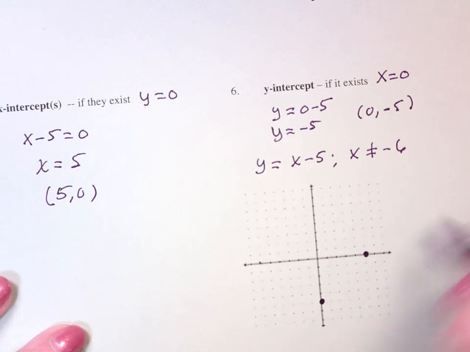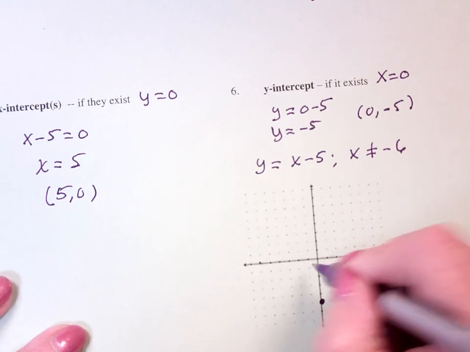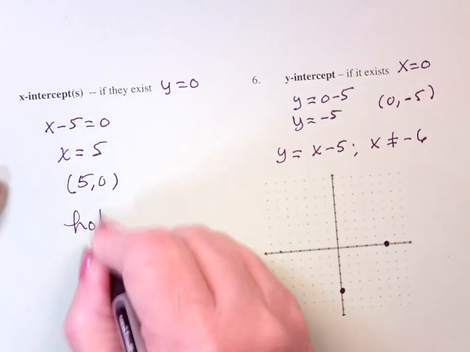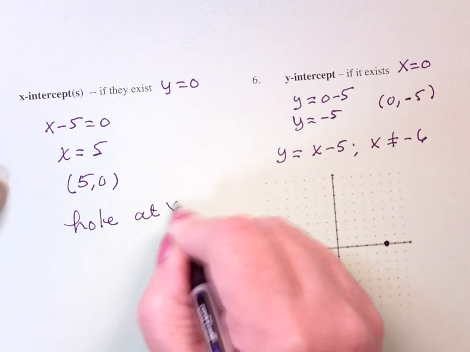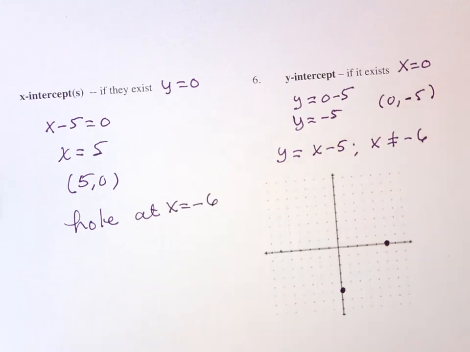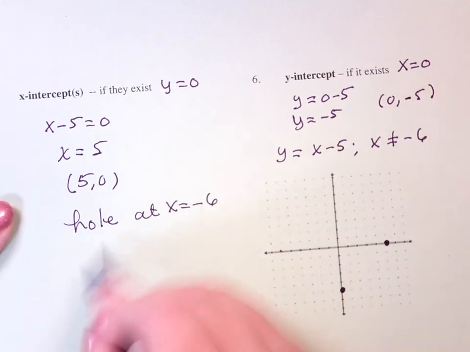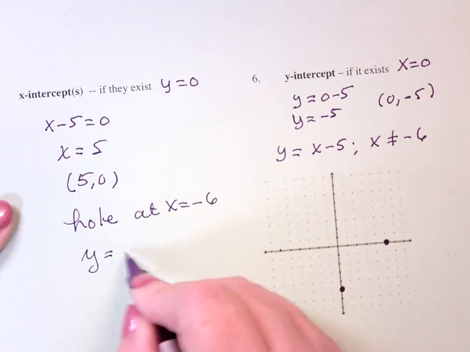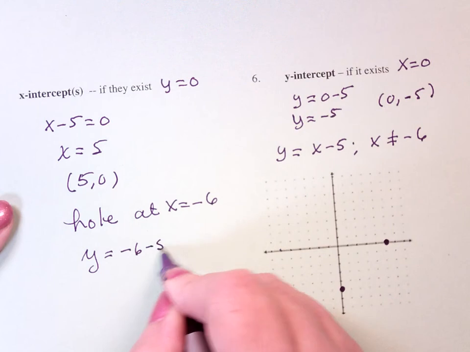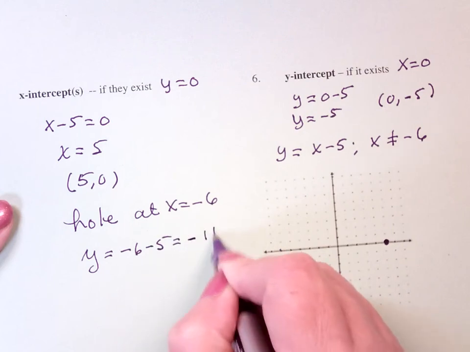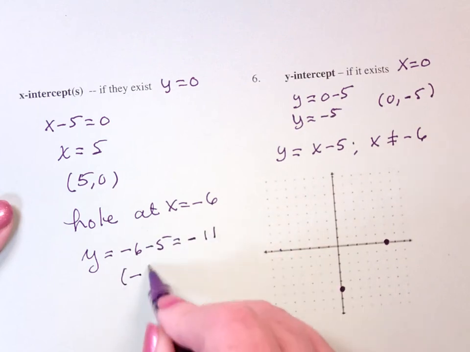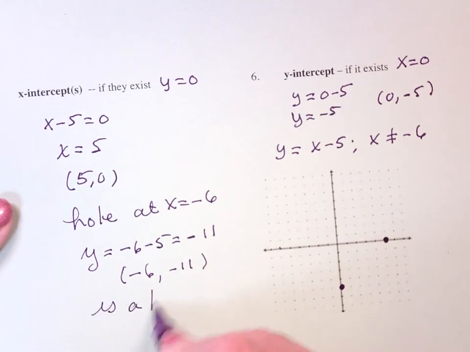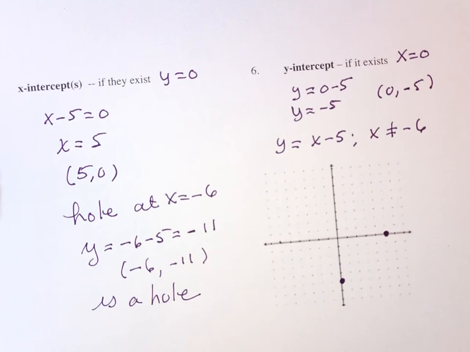And I could draw a line in between, but I've got to put something else into play. There is a hole at x equal negative 6. So if x equals negative 6, I'd have that y equals negative 6 minus 5, which is minus 11. So negative 6, negative 11 is a hole in the graph.